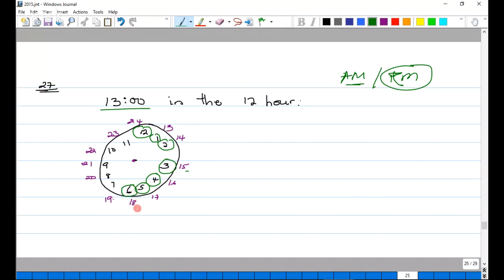Good. 6 p.m. would be? 1,800 hours. 7 p.m.? 1,900 hours. 8 p.m.? 2,000 hours. 9 p.m.? 2,100 hours. 10 p.m., 2,200 hours. And 11 p.m. would be? 2,300 hours. All right, good.